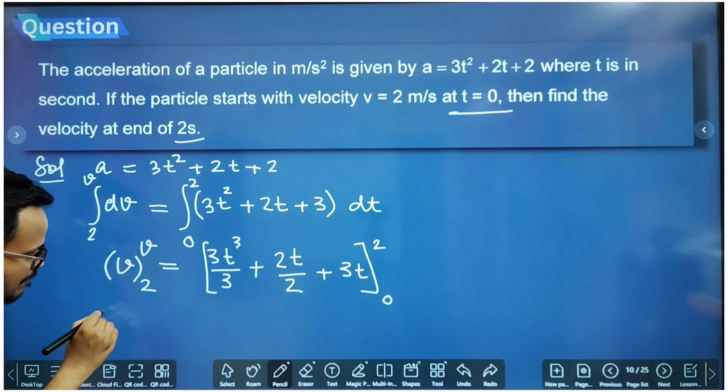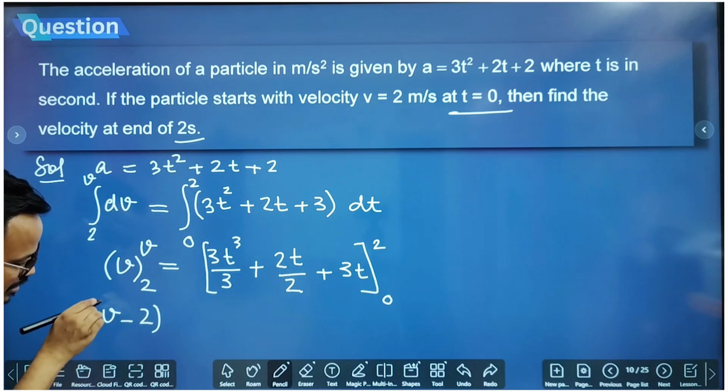Now take the upper limit as v and subtract.